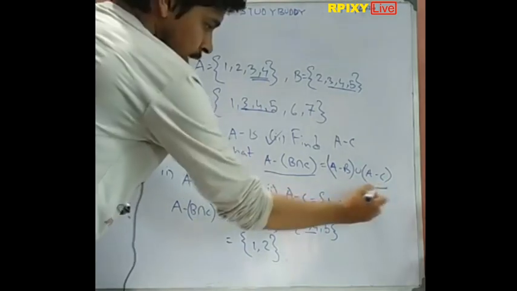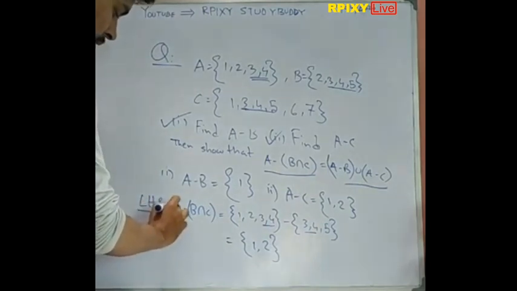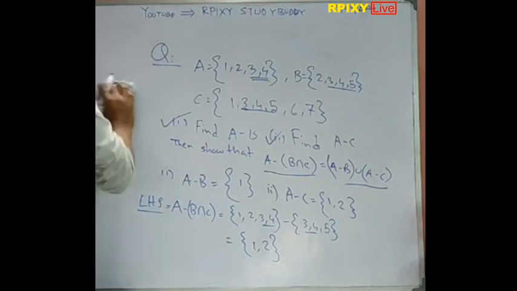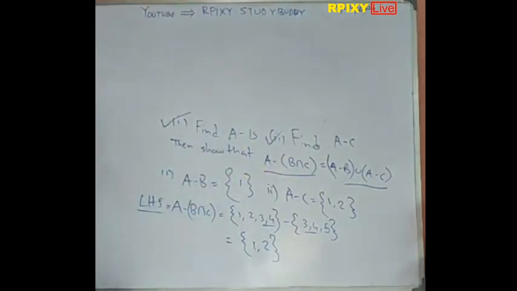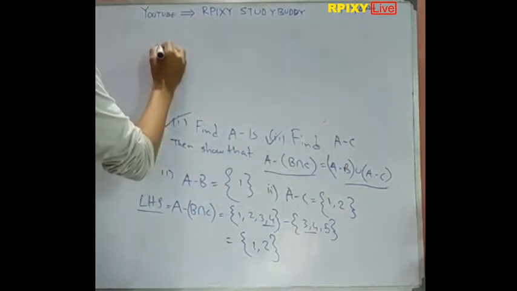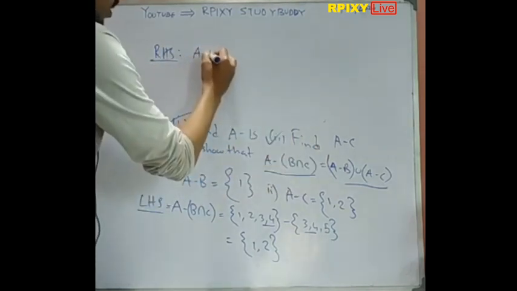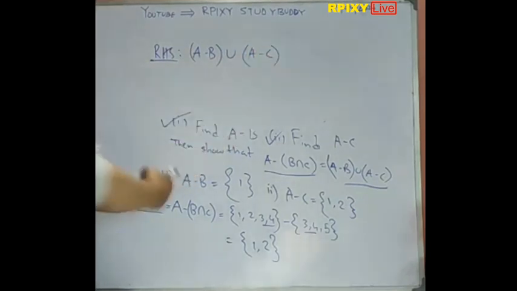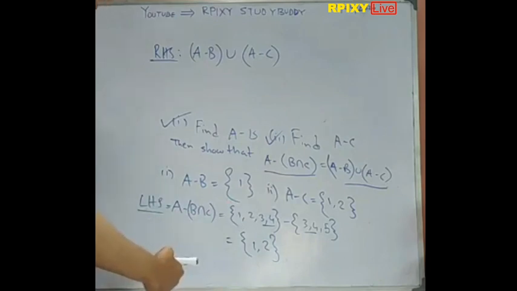Now this is the left hand side. The left hand side is equal to the set 1, 2. Okay, I am erasing the first part. Now the right hand side. What is in the right hand side? Union of A minus B and A minus C. What is the union?